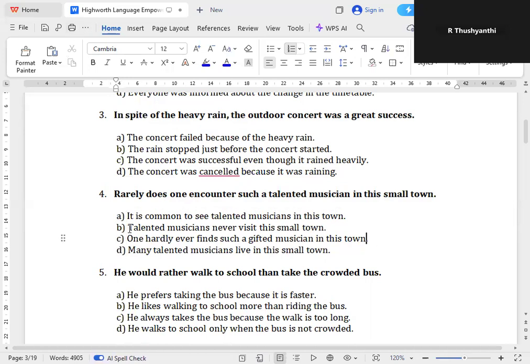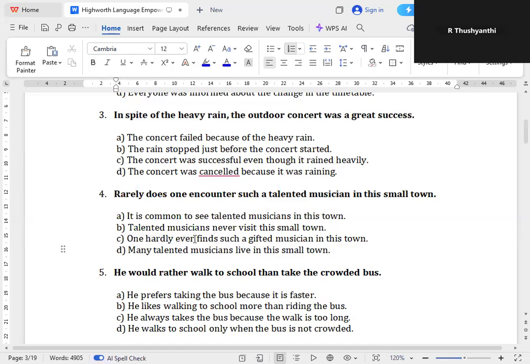B. Talented musicians never visit the small town. No. Let's keep that one there. C, one hardly ever finds. Rarely means hardly ever. In the previous paper, you may see I have given this word "hardly ever" within the brackets for "rarely".